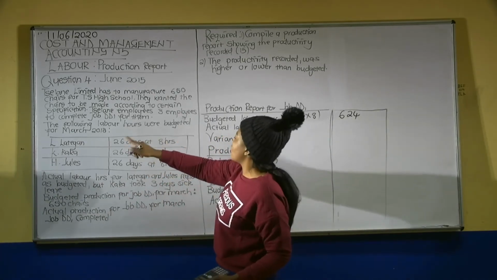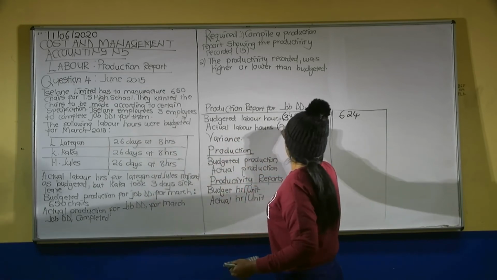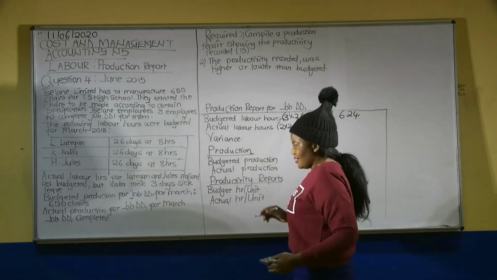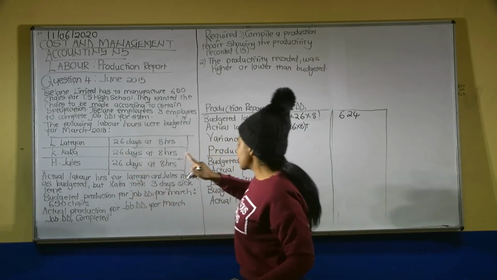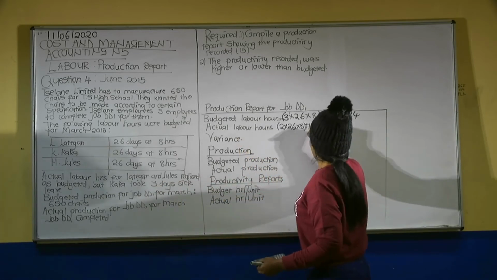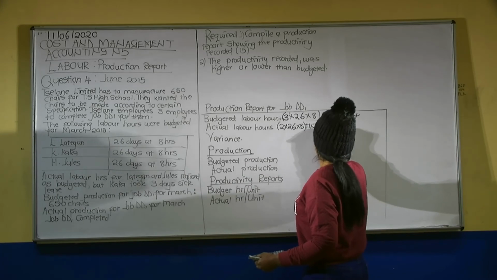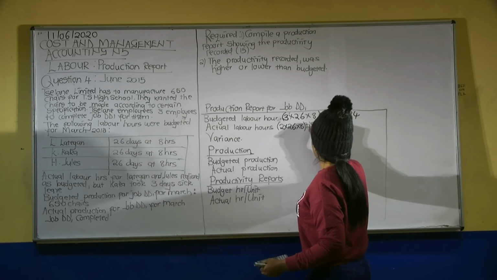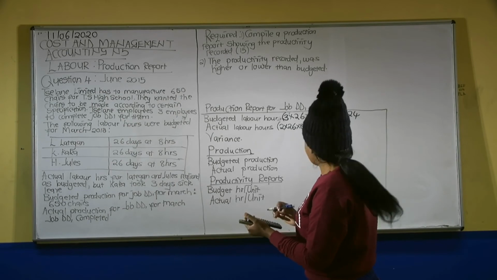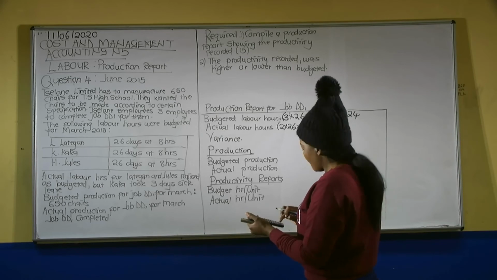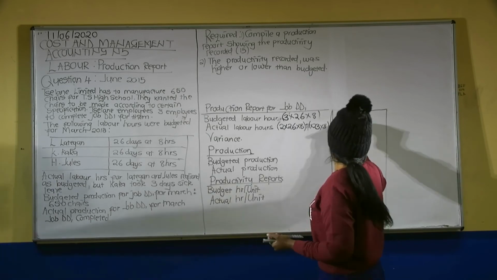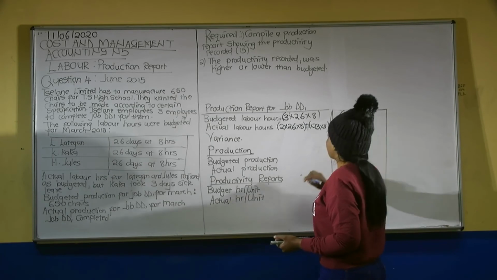So these two worked 26 days at 8 hours: 2 multiplied by 26 multiplied by 8 hours, plus K Kaka, who took 3 days sick leave, so he worked 1 multiplied by 23 multiplied by 8 hours. 2 times 26 times 8 plus 1 times 23 times 8, and you discover that they worked 600 hours.